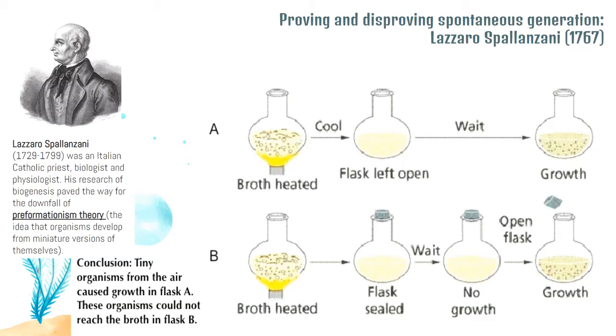So this led him to conclude that tiny organisms from the air possibly caused the growth in flask A. And they were not able to enter the covered flask in setup B, so therefore no growth was seen in flask B. Only when the flask was opened was microbial growth seen in the broth.